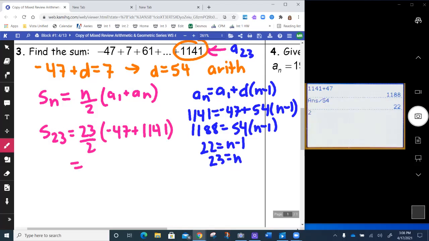So I'm going to take 23 times negative 47 plus 1141, and all that's going to be divided by 2. And I end up with 12,581 as my sum for number 3.